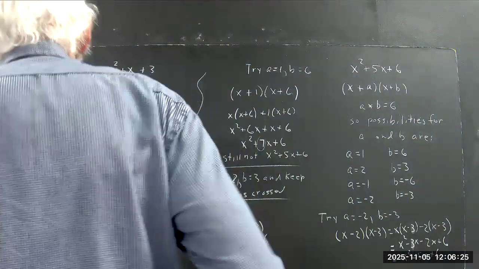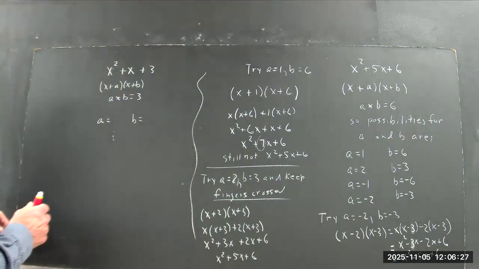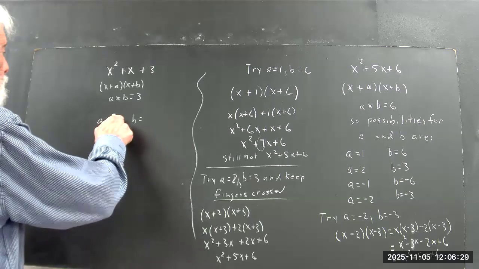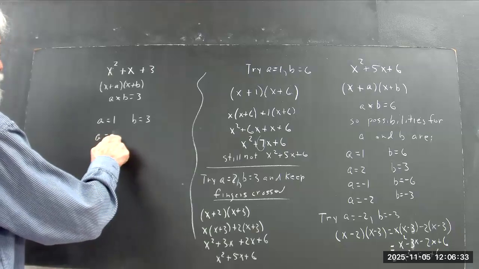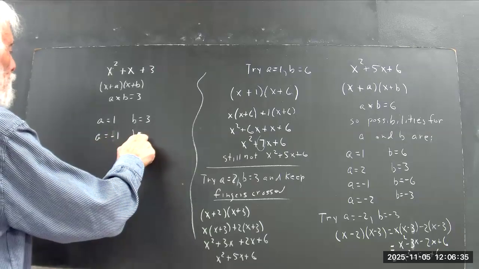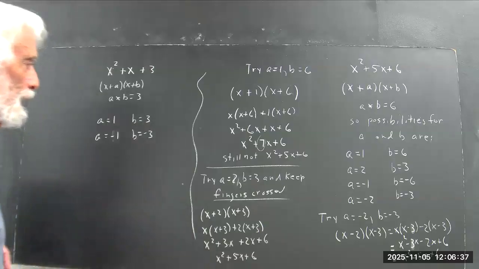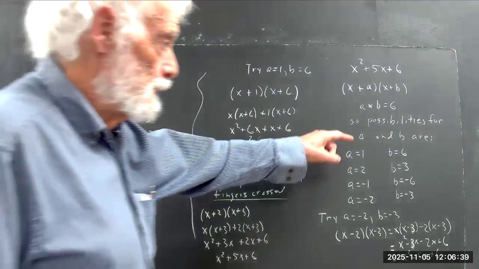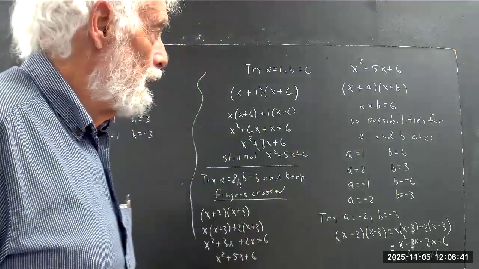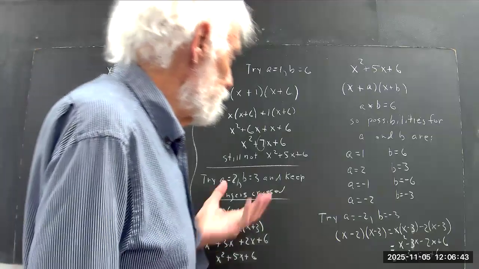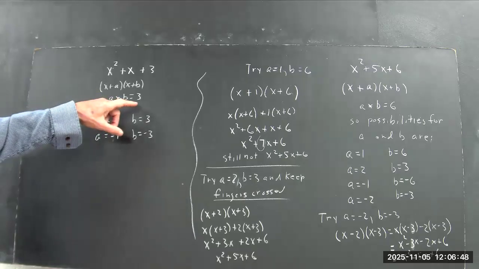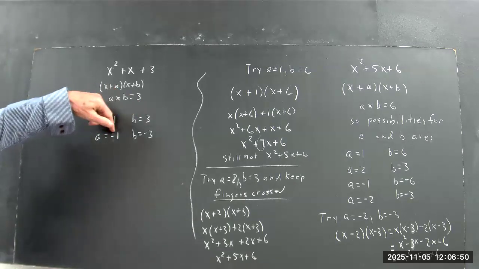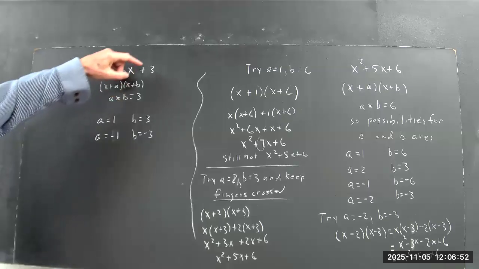Okay. Most of you have A equals 1, B equals 3, A equals -1, B equals -3. Those are the only integers that you can multiply and get the 3.